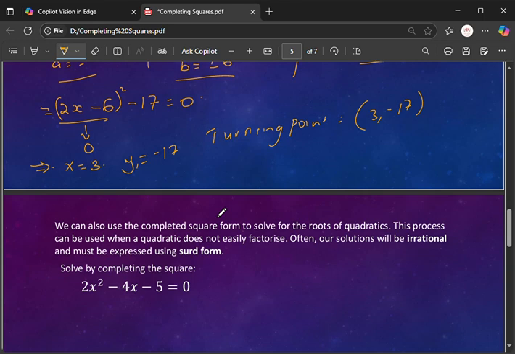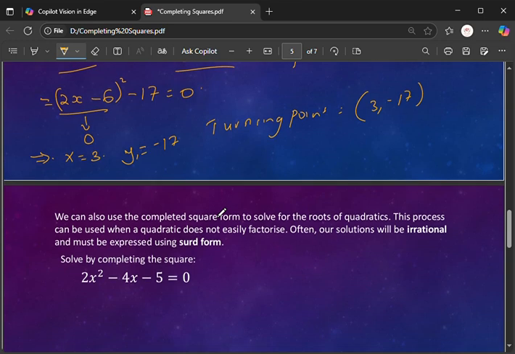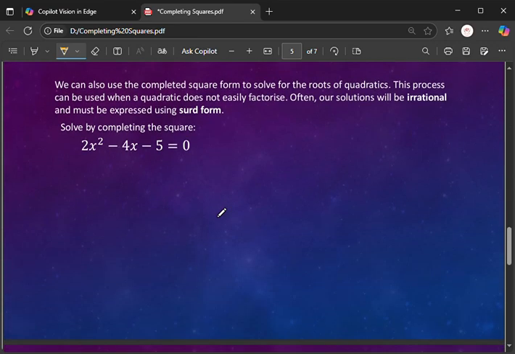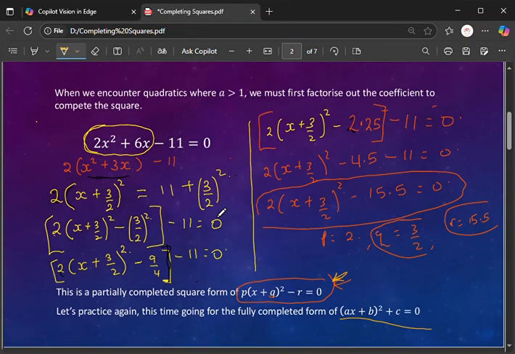Okay, we're about to finish this. Let's continue to another example here. And this one, they're saying solve by completing the square. This is a bit straightforward. I'll let you do this as a practice question, not homework. You can use the method that I've been explaining in the very first slide.